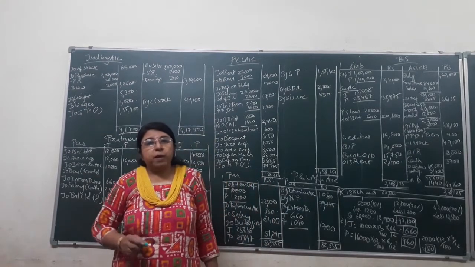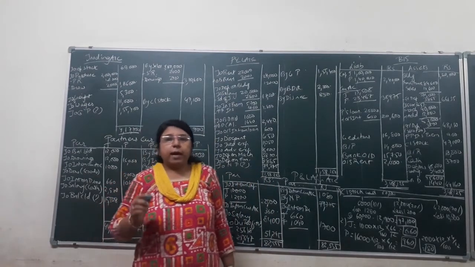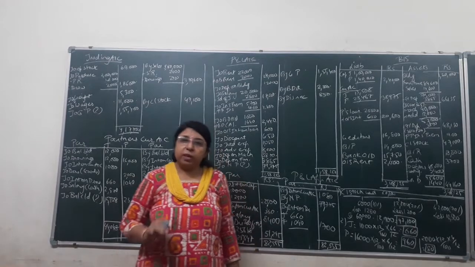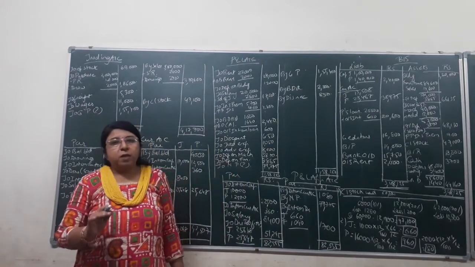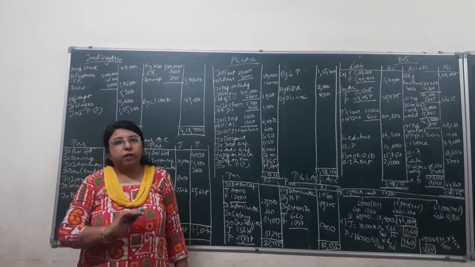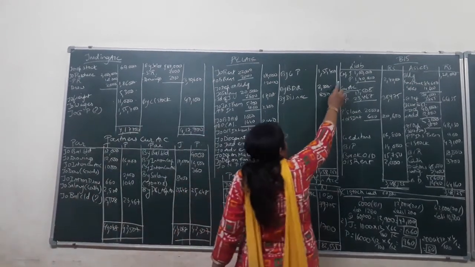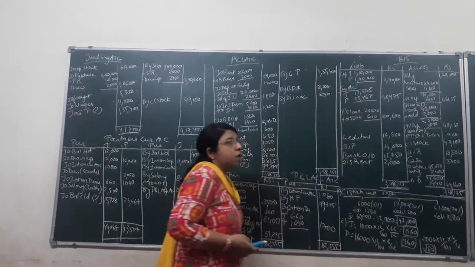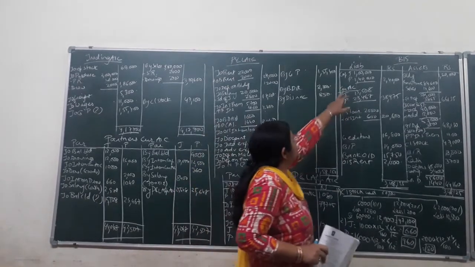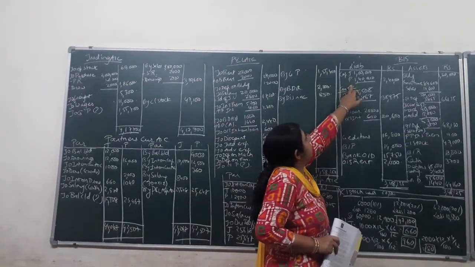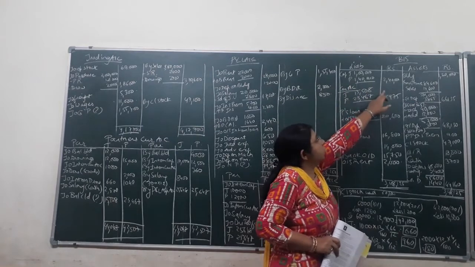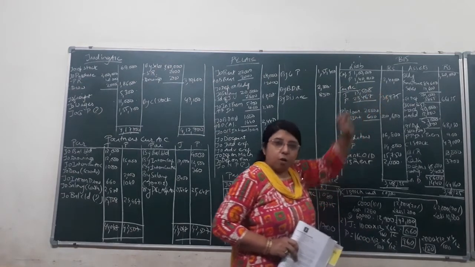So we have to prepare partners current account, and the partners' capital will remain fixed. It means the opening balance of capital and closing balance of capital will remain the same. So directly you can see the capital of Joint and Prafula written on the balance sheet at the end of the year, 1,00,000 and 1,40,000, total in the outer column 2,40,000.